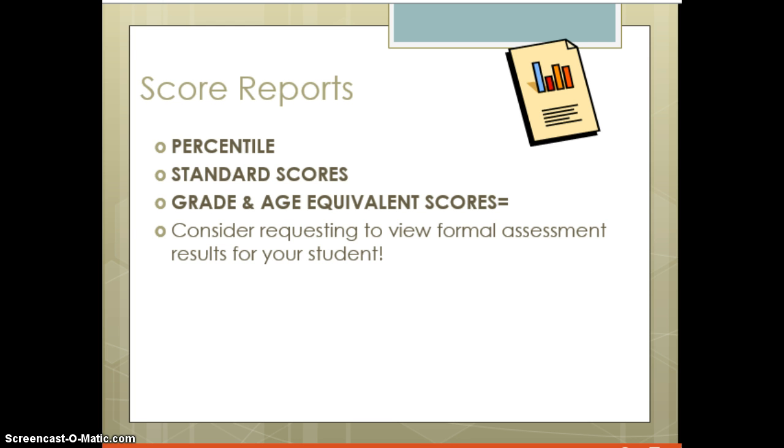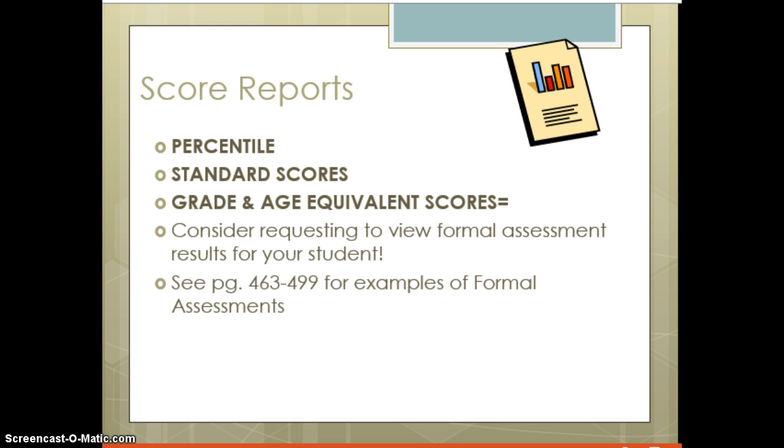It might give you some interesting insight into the student's reading abilities and how they score on those tests. As a starting point, it's also interesting sometimes to compare what you're getting from the student on your series of diagnostic assessments to their performance on formal assessments.